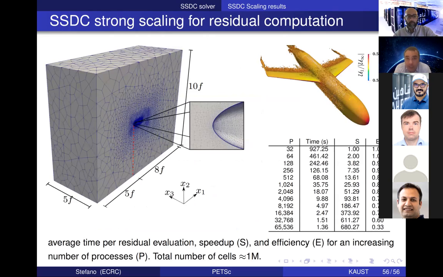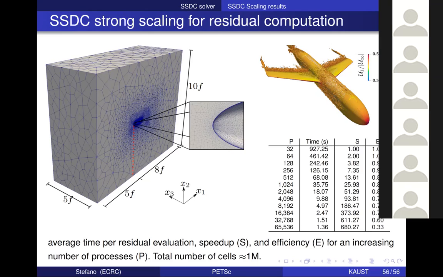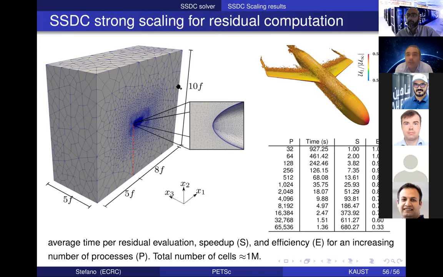The last application is instead a strong scaling test. This is a realistic application, called the NASA juncture test case, where we simulate an entire airplane, actually half an airplane, because this is a symmetry plane.